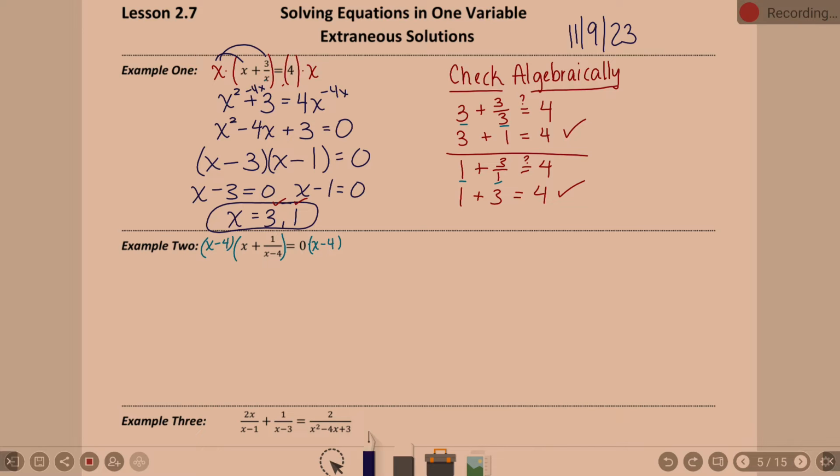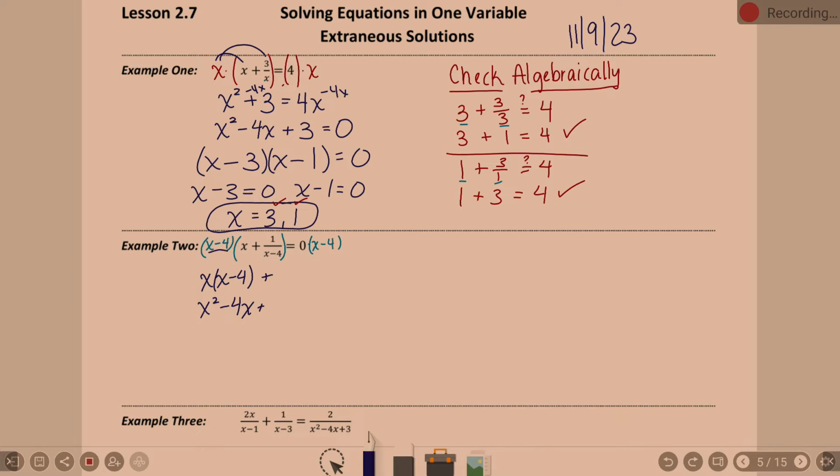The first one, how do I want to write this out? When you have x minus 4 times x, for a moment I'm just going to write it as x times x minus 4. But what am I going to have to do? We're going to have to distribute, aren't we? Okay, and if I go ahead and distribute, x times x is x squared, x times minus 4 is minus 4x, right? Okay, plus. Now, what happens when I multiply x minus 4 times 1 over x minus 4?